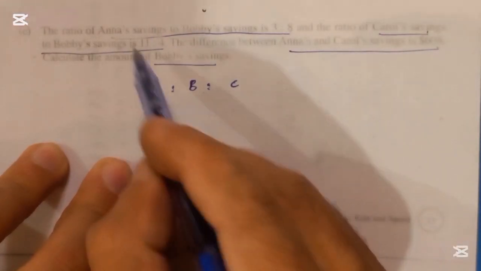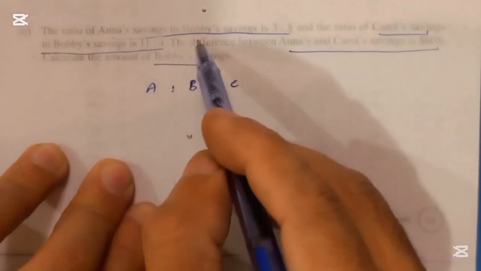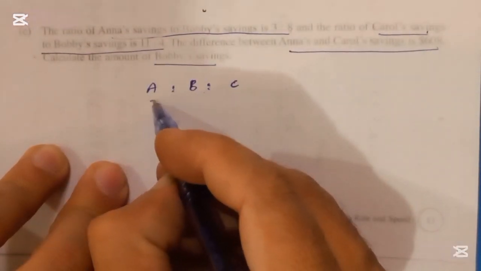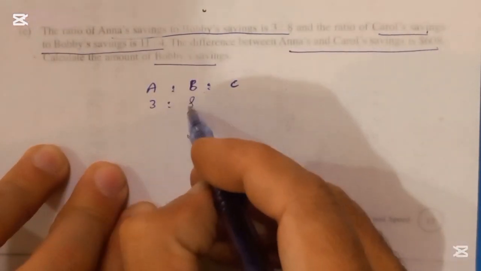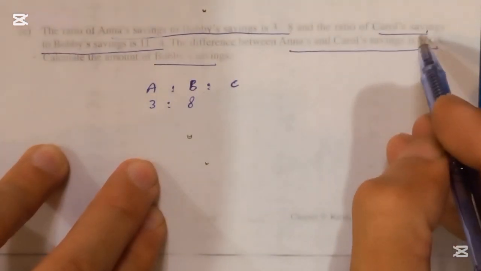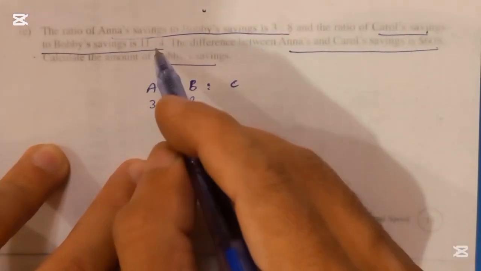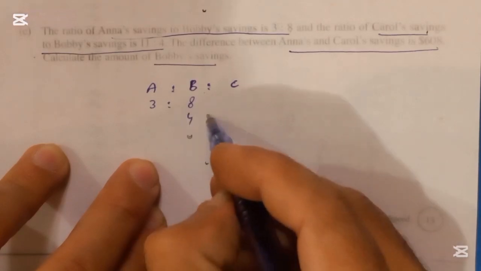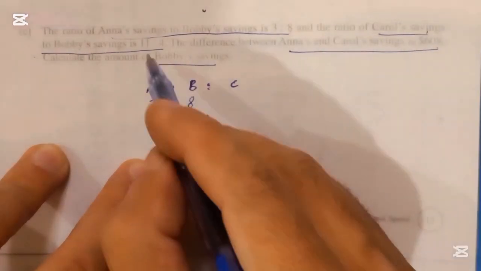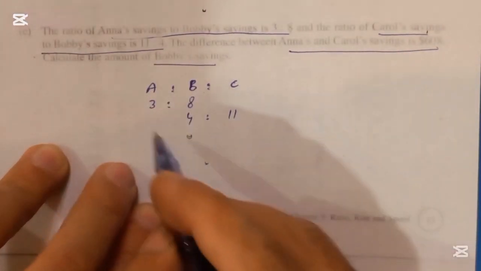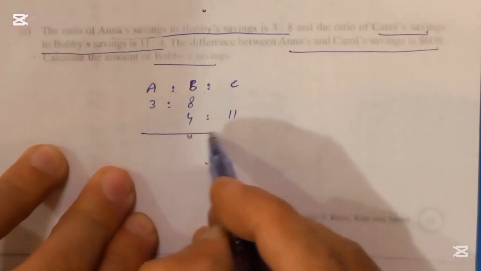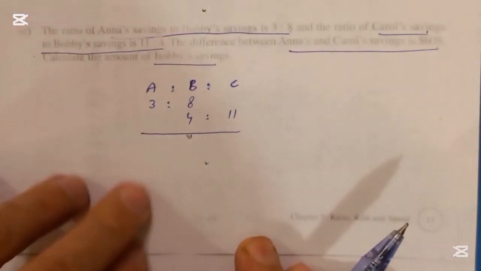Now we put in the values. Anna to Bobby is 3:8 and Carol to Bobby is 11:4. So Bobby is 4 and Carol is 11. So this is the method to simplify the ratios.